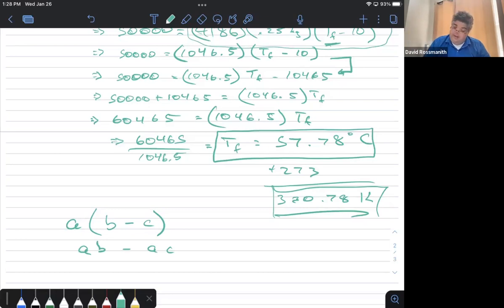And so what I did, 1046.5 times TF, that's this piece here. And then I did the 1046.5 times negative 10, and that's this term right here. Okay, so A times B minus C is A times B minus A times C. So that's how I went from that step to the next step.